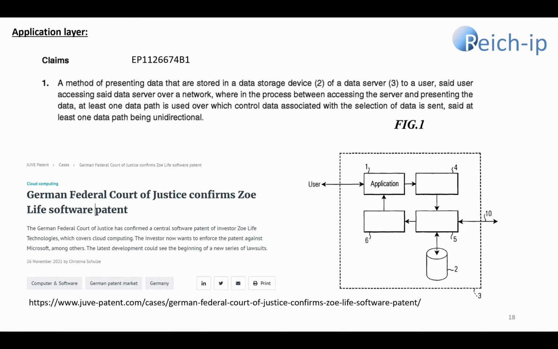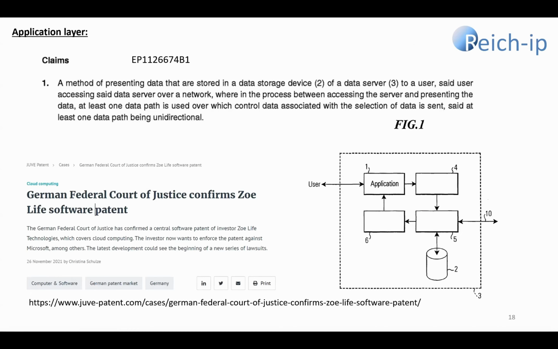So what you have here is a clear software patent, which was validated by the Supreme Court in Germany. Well, this was led by my law firm against Microsoft. So this is our patent, which was challenged by Microsoft, and claim one as such is valid. And what you also see here, if you have a look at the technical features, when it comes to hardware, you have very, very little hardware features.